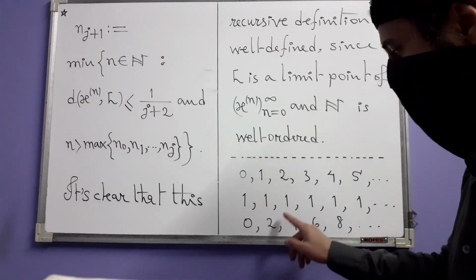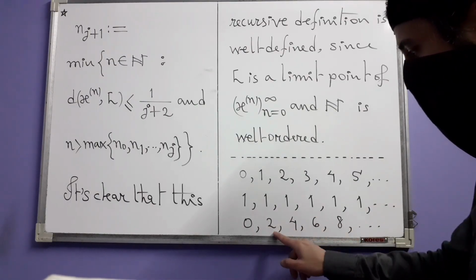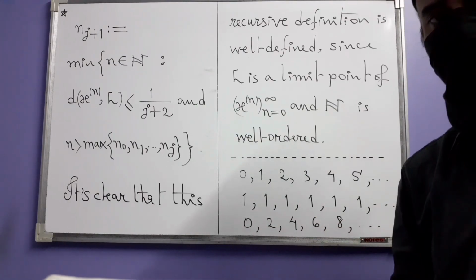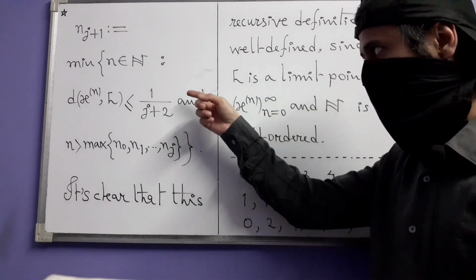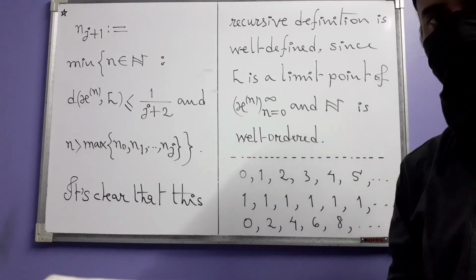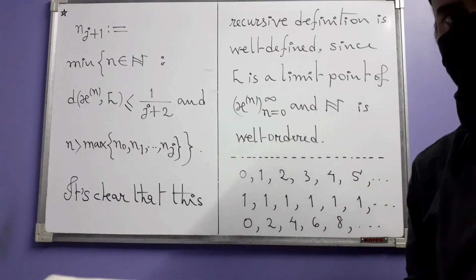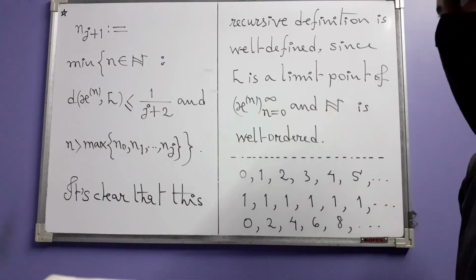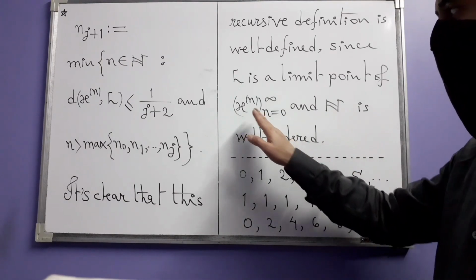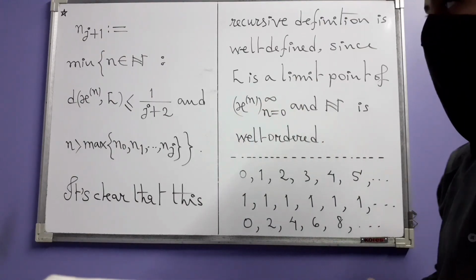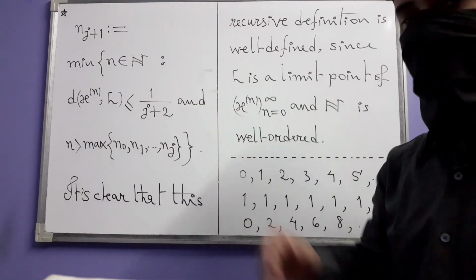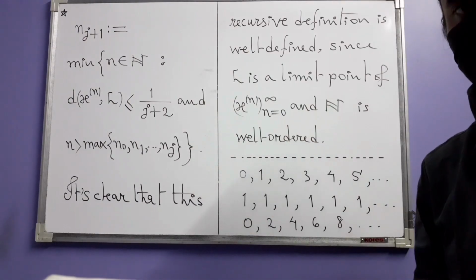Here, however, the terms increase steadily. 0 is less than 2, 2 is less than 4. So we now need to see if this is an increasing sequence. Otherwise, we can't say that it's a subsequence of n. And so we won't really have a subsequence of xn if we use this nj's if this sequence lacks that increasing property.